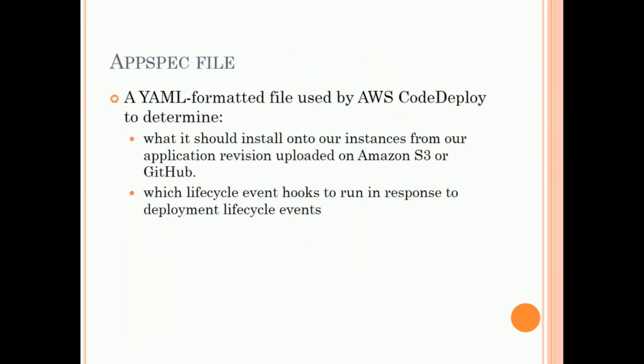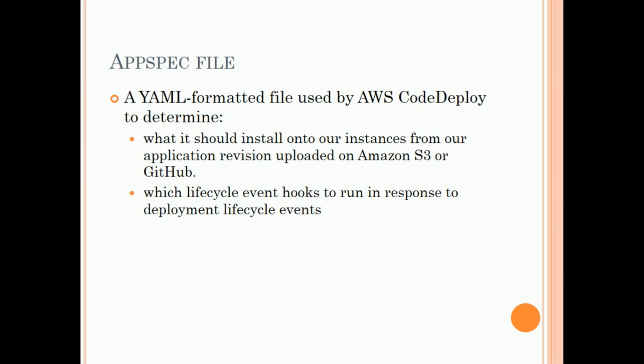AppSpec file. The AppSpec file is a YAML-formatted file used by AWS CodeDeploy to determine what it should install onto our EC2 instances from our application revision which was uploaded on Amazon S3 or GitHub, and which lifecycle event hooks to run in response to deployment lifecycle events.